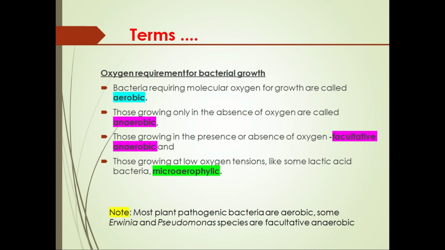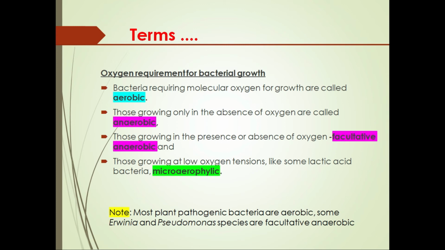The bacteria which can grow in presence or absence of oxygen are facultative anaerobic. Facultative anaerobic means they are basically aerobic, but they can also grow anaerobically. Some plant pathogenic bacteria like Erwinia and Pseudomonas are facultative anaerobic.